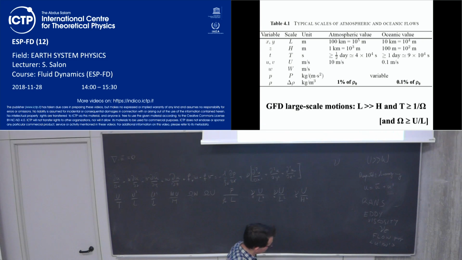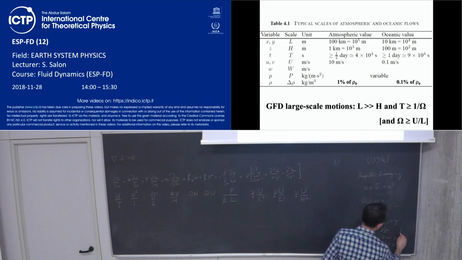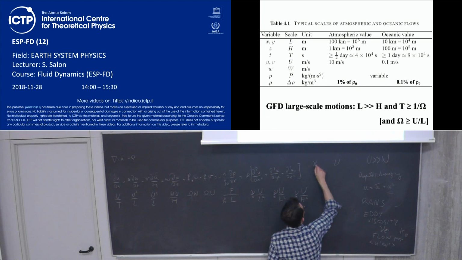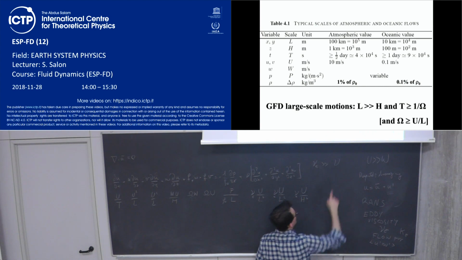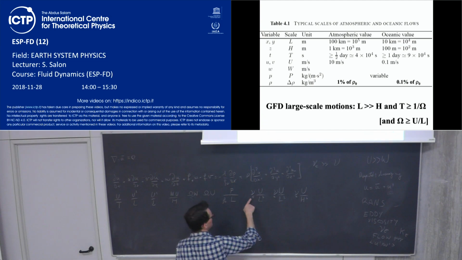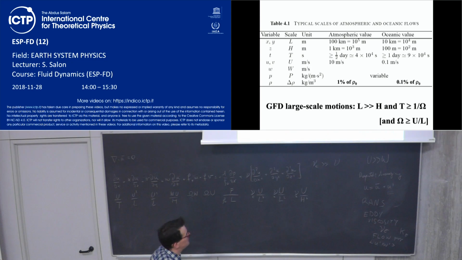Similarly, we will also have the eddy diffusivity, Ka. The important thing to remember is that eddy viscosity is much larger than kinematic viscosity, okay? So that's why we can quite easily substitute the eddy viscosity in our equation.